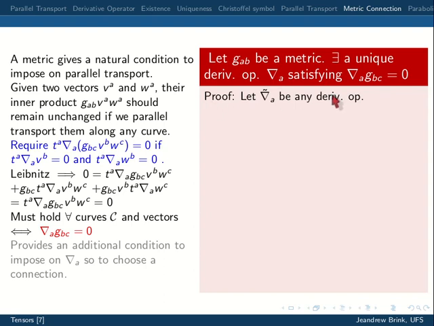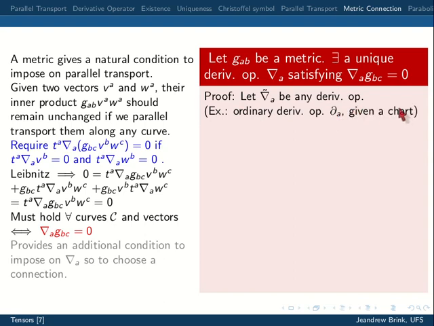Okay, so the way we prove this is we say let nabla tilde be any derivative operator. An example would be just the ordinary derivative operator, which is the derivative with respect to the coordinates, once you've used the chart to map to R^n.